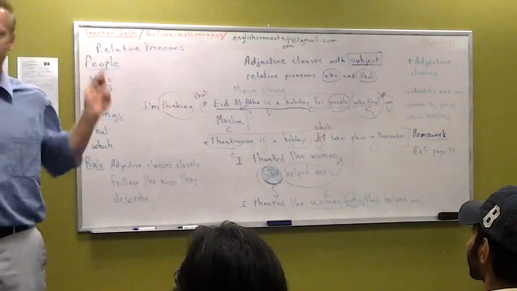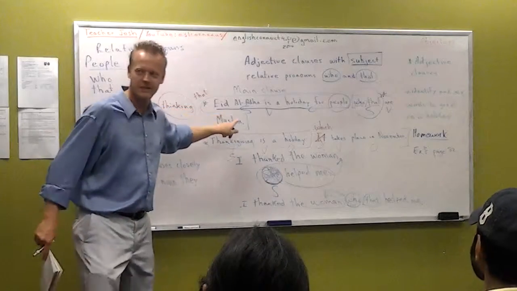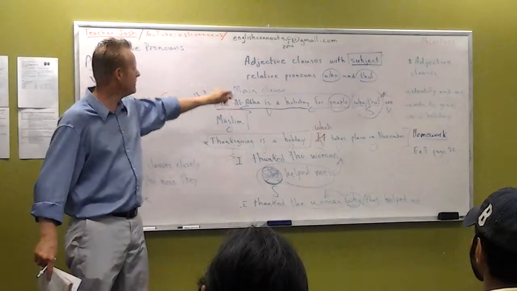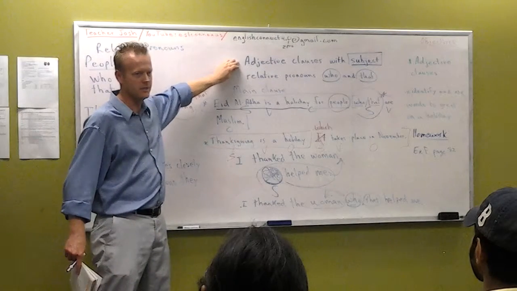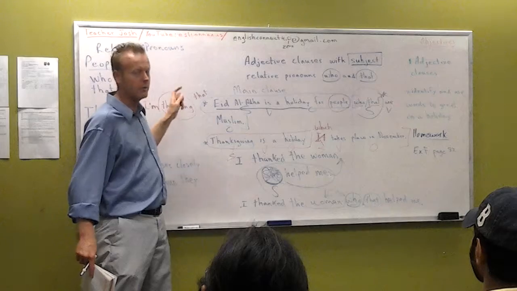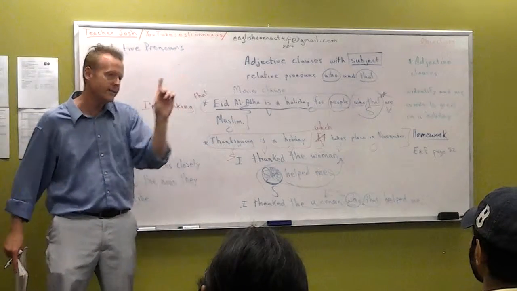Actually, this is interesting. You've not created adjective clauses. You've created a noun clause. And this is what's a little tricky. You have to remember, adjective clauses define the noun in front of it. But really what we have here, I'm thinking what?